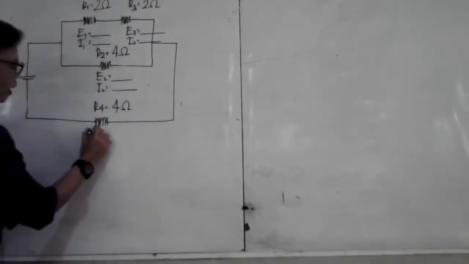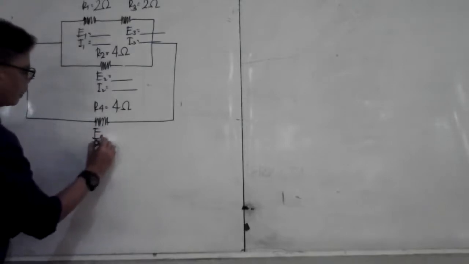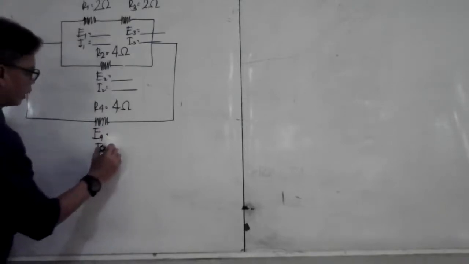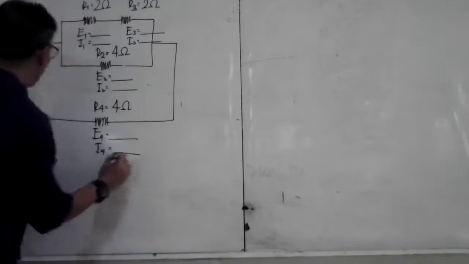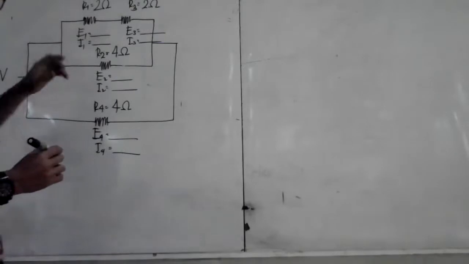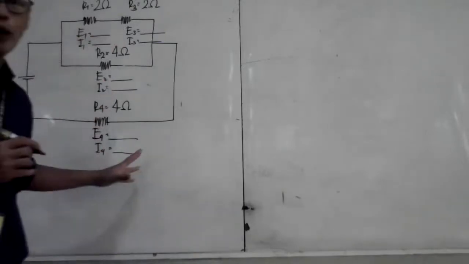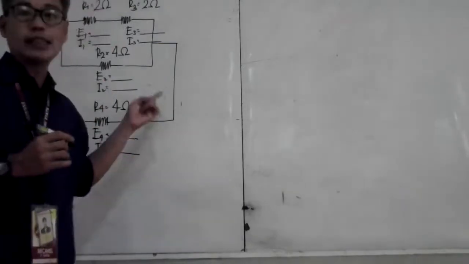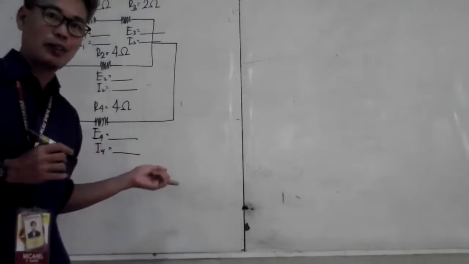For E4 and I4. So, wala pa tayong values dyan. And finally, sa kabuuan na circuit, we still have to find your R total and your I total. So, yung mga hinahanap natin sa circuit na to: 2, 4, 6, 8, 10. So, we have 10 unknowns in this given 4 resistor problem.